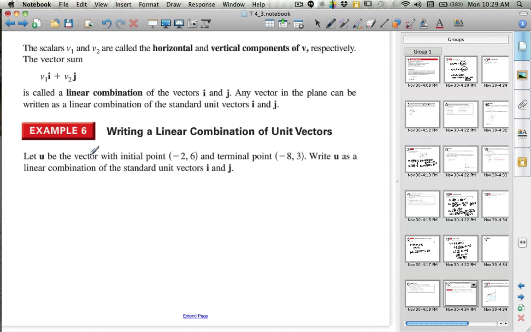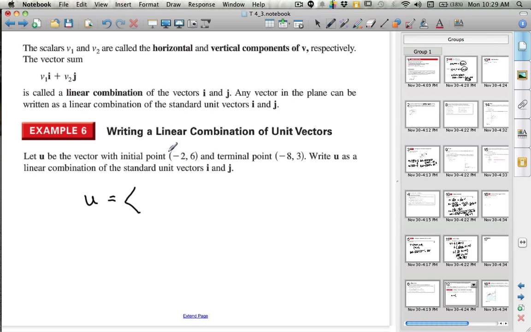So if I want to do a linear combination of this vector with an initial point and a terminal side, then what I can do is go ahead and find the component form. The first thing I want to do is find the component form of u.